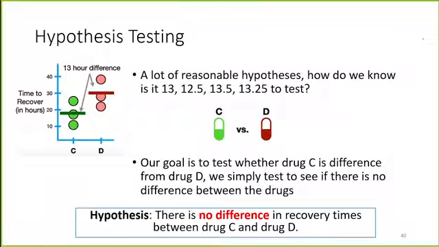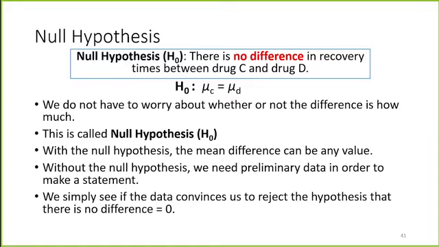So in order to make the hypothesis quite general, right? We call this the null hypothesis. So the null hypothesis is H0. Usually it will be quite general. There is no difference. No difference means no difference in the mean in this case. So mu C equals mu D, or you can change it to mu C minus mu D equals 0.